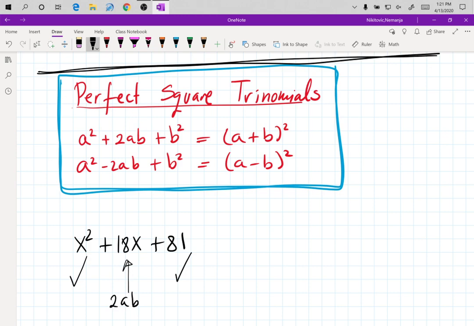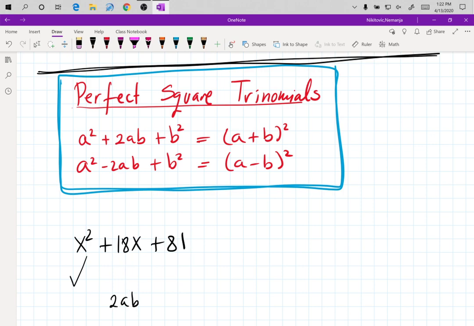I learned this when? I don't know, 8th grade, maybe? Maybe 7th? I don't remember. So it's been decades, and I've been using it since. And I know it very well, so it's easy for me to spot it.